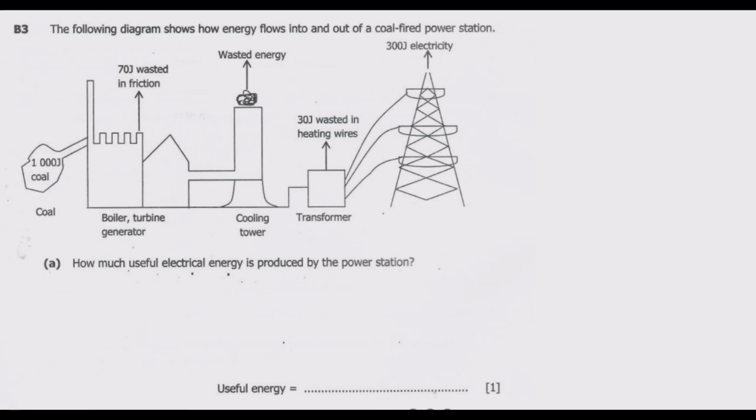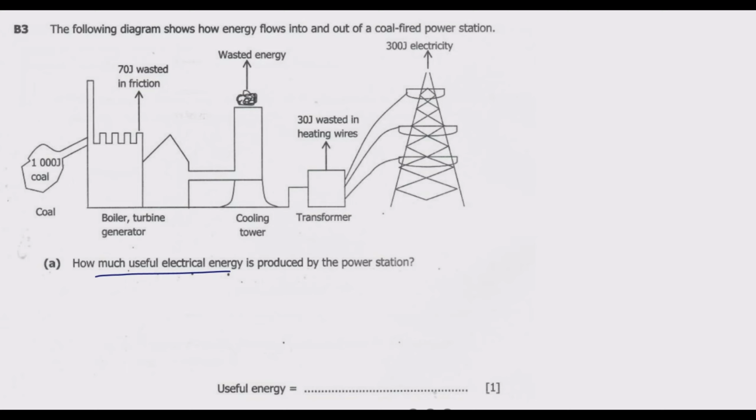So let us look at question B3. The following diagram shows how energy flows into and out of a coal-fired power station. How much useful electrical energy is produced by the power station? That's question A. So we are looking for useful electrical energy.